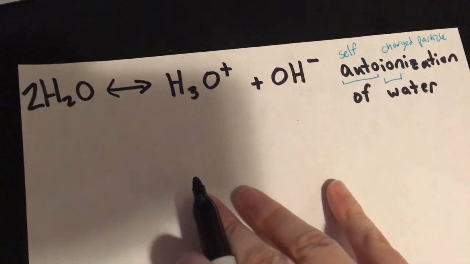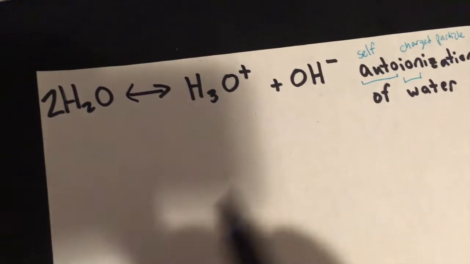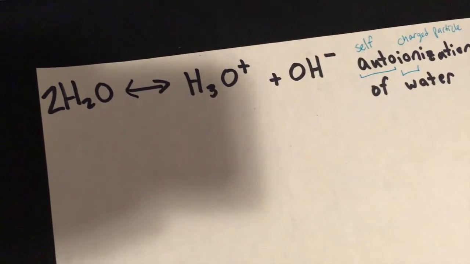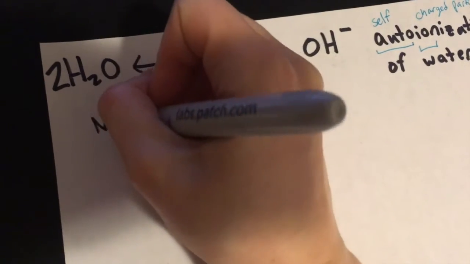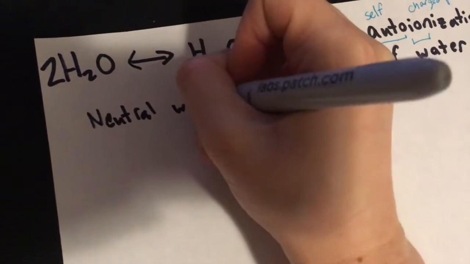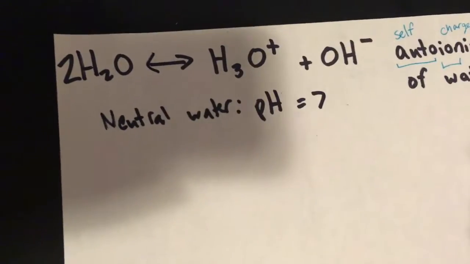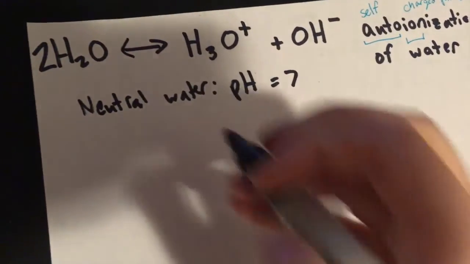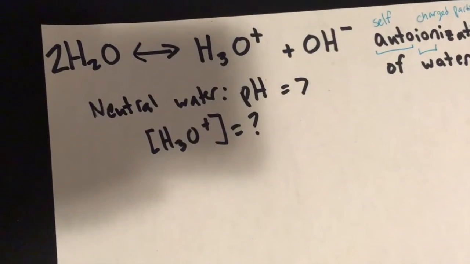Now, at equilibrium, if you have a neutral solution, the concentration of H3O+ is pretty small. We can actually calculate exactly what it is, right? If we have neutral water, we know that the pH is 7. So let's figure out what the concentration of H3O+ would be based on that pH.